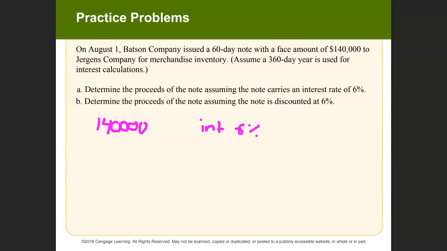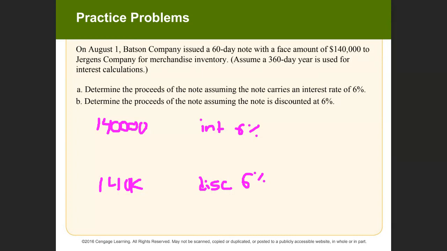And then question B is saying for this $140,000 note, they have a discount of 6%, and we want to figure out what the proceeds are of that. It's like a reverse of the problem that we did earlier.